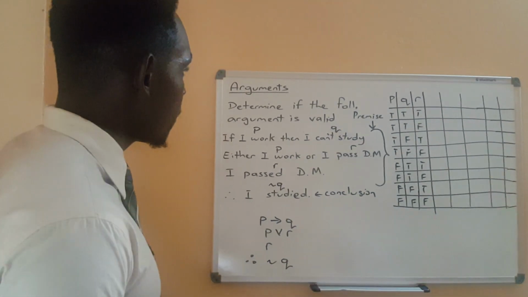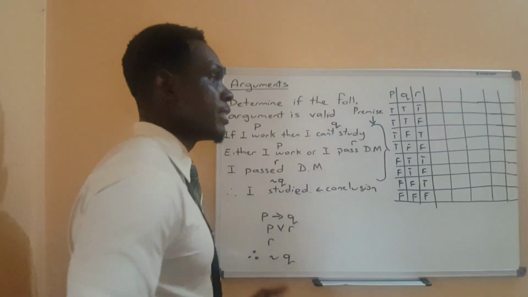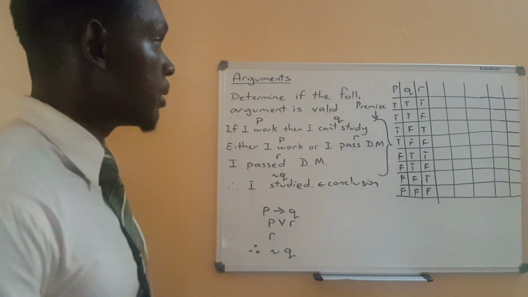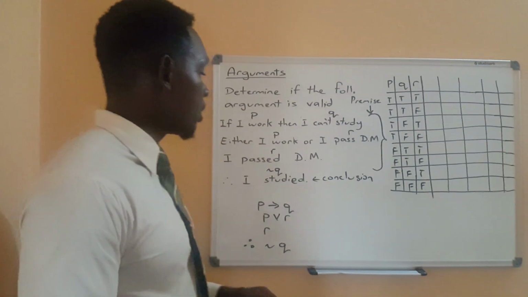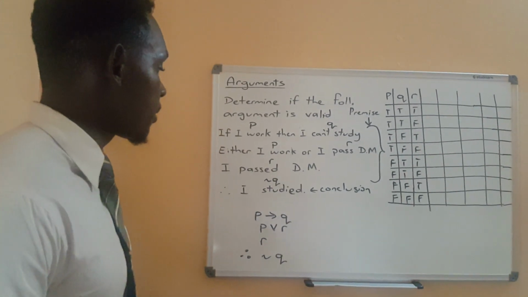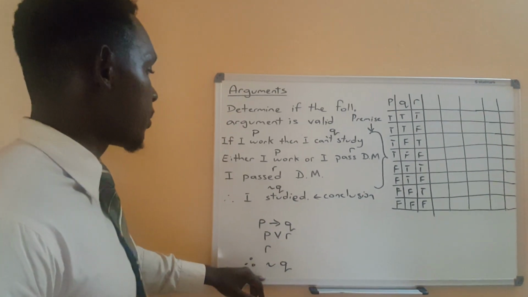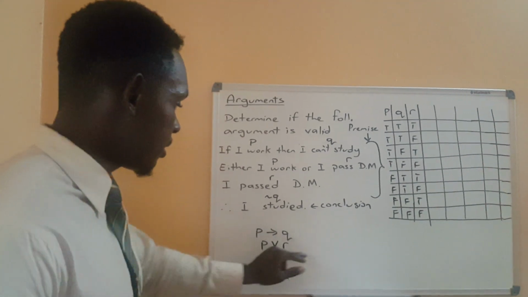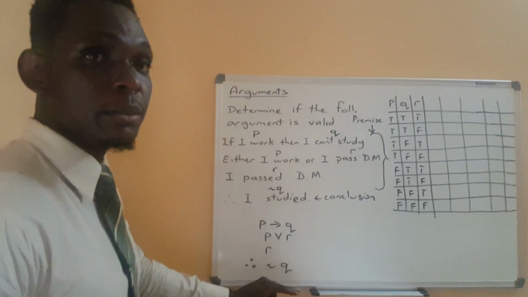Alright, now we need to determine if the argument is valid. So we're going to turn our attention to our truth table. We need to represent all of these statements in the truth table.